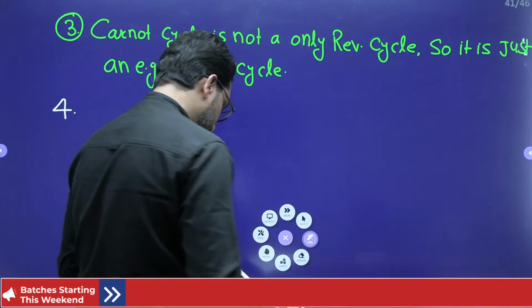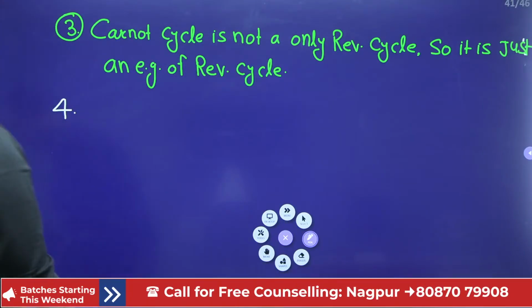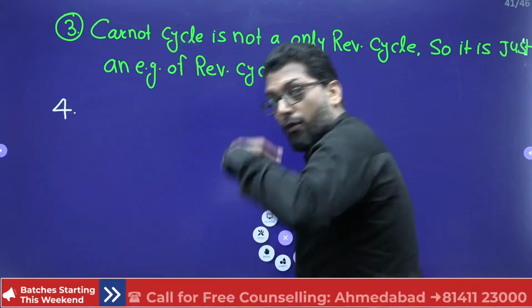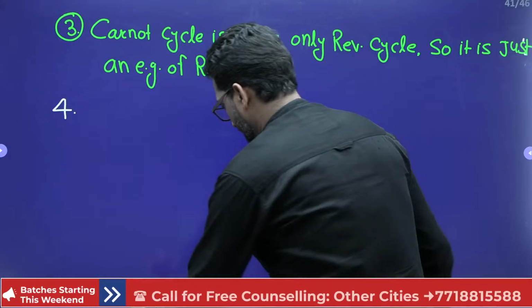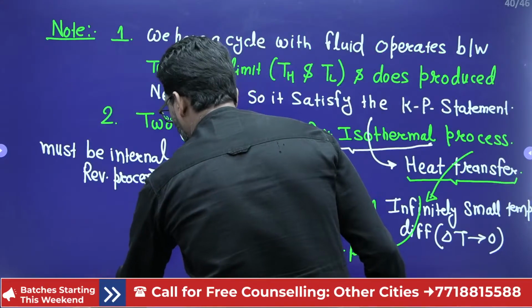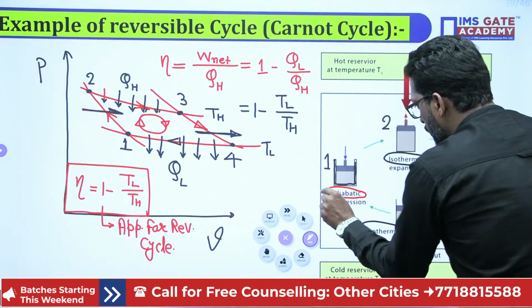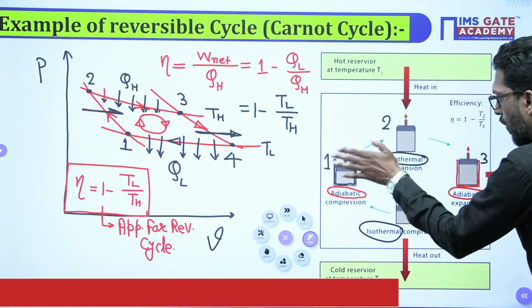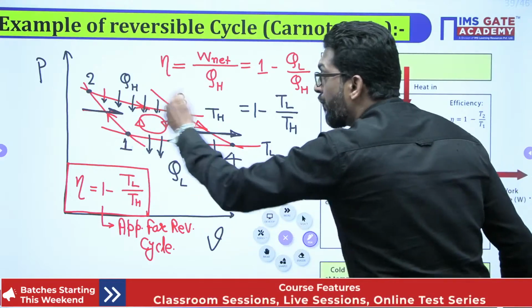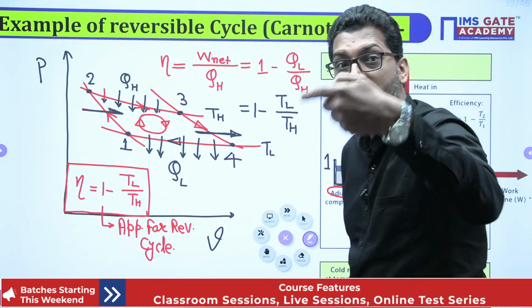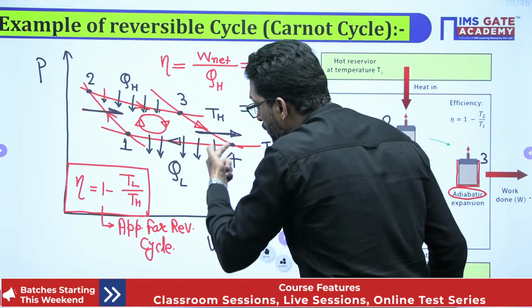Note number 4 is that there is a substance undergoing the cycle. Now, the fluid which is flowing in the cycle is a control mass system. Yes or not? See, my dear, there is no mass entering or exiting in any of the processes. During the cycle, the same fluid flows.